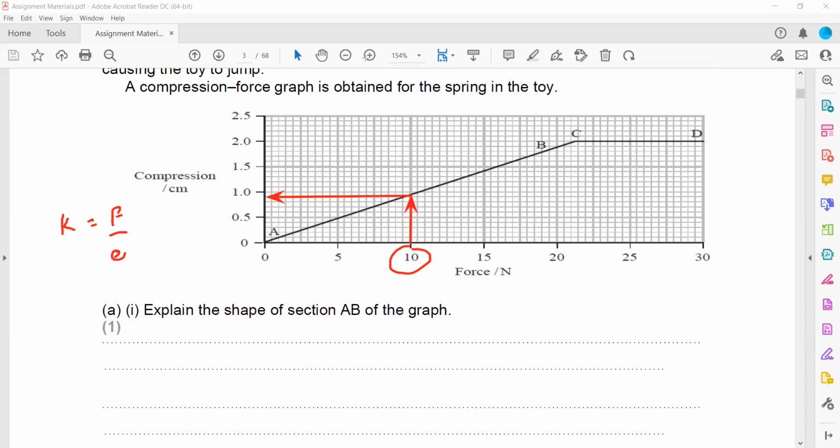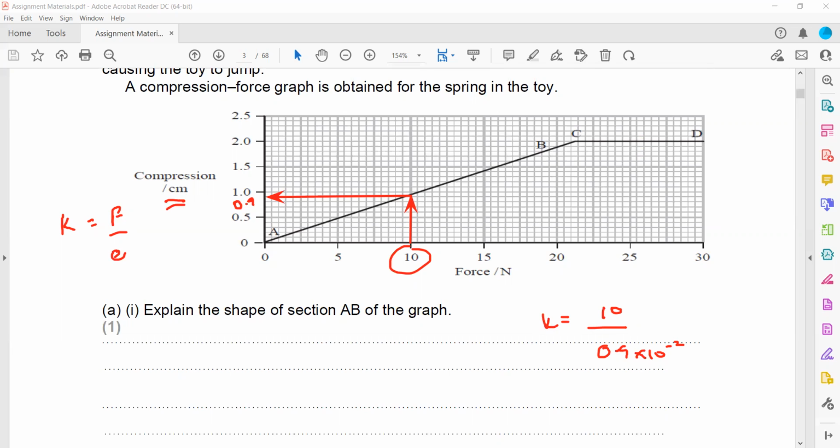This is about 0.9. But that is in centimeters, so don't forget to convert the units. So it will be 10 divided by 0.9, and we divide by 100, or I can say 0.9 times 10 to the power minus 2. So when we simplify, this is 10 divided by 0.9 times 10 to the minus 2. What's the answer for this? Stiffness, or k?